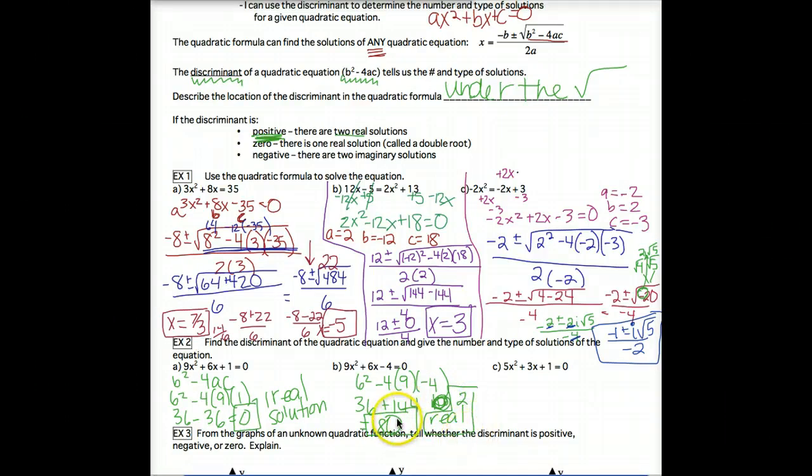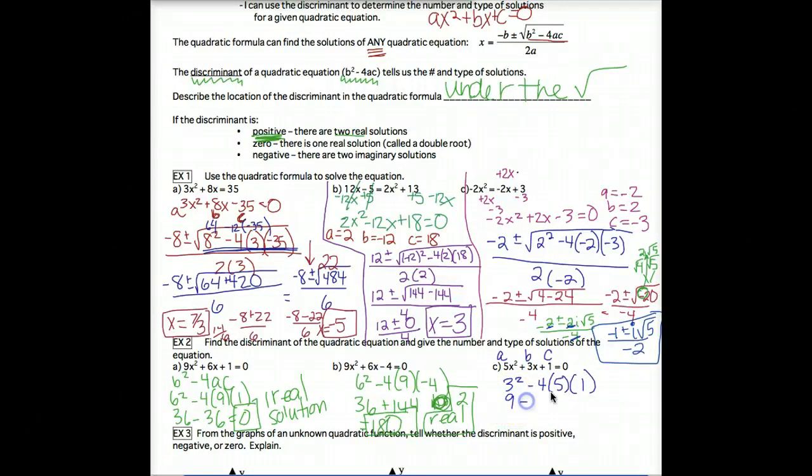All right, last one of this type, example 2c, I'd like for you to find the discriminant and determine how many solutions there are. Then unpause to come back and check. This is my a, this is my b, this is my c, so b squared, so 3 squared minus 4 times a, which is 5, times c, which is 1.